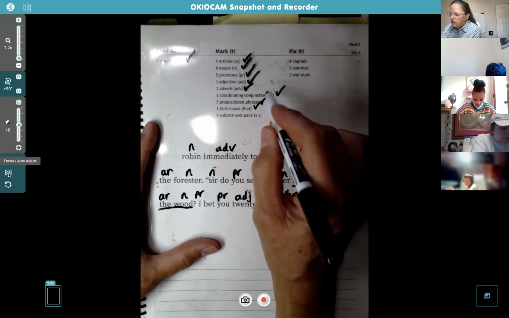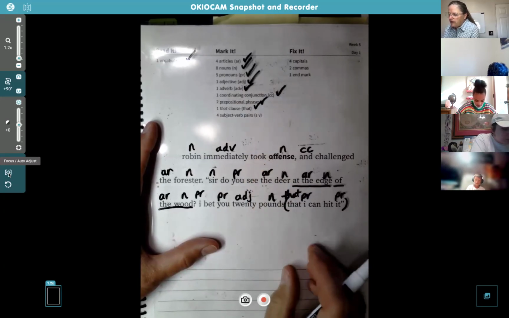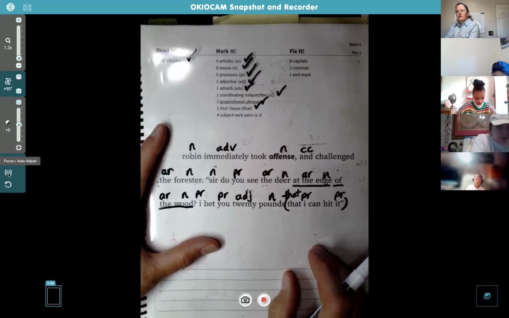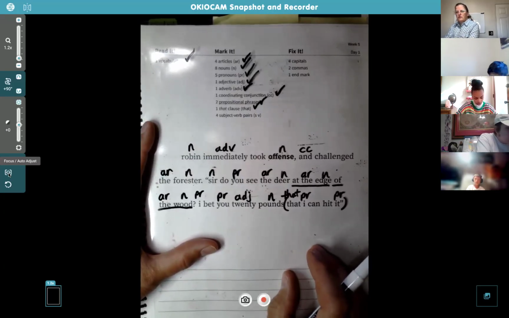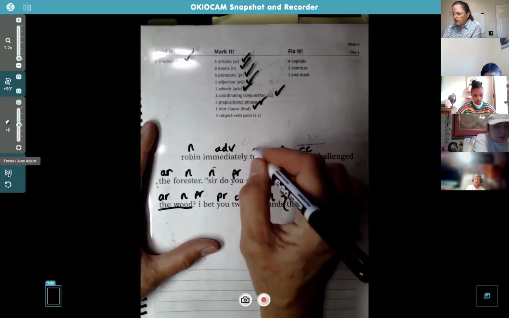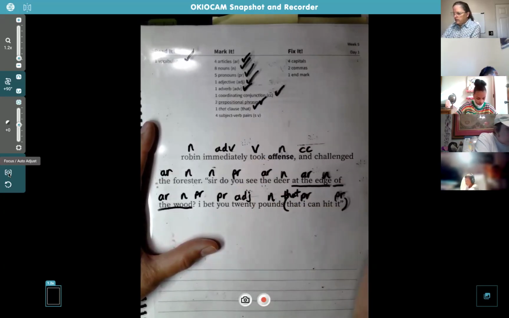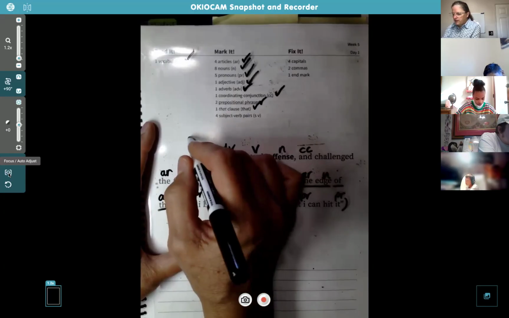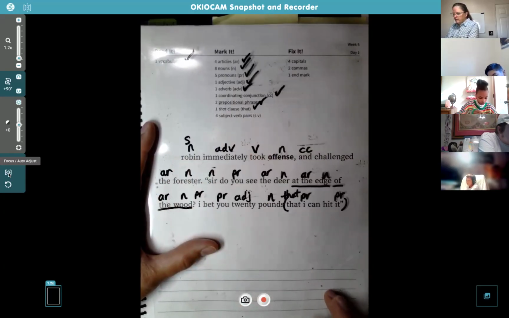And then the last one for harmony, the subject verb pairs. You can do both subject verb pairs. They go together. Took. Took is a verb. Good. Robin. Robin's a subject. Nice. Challenged.